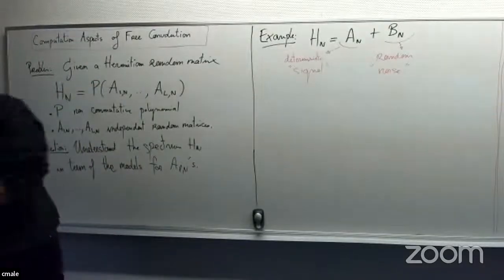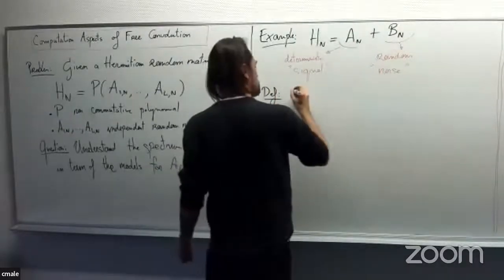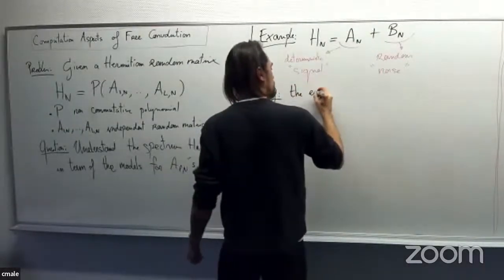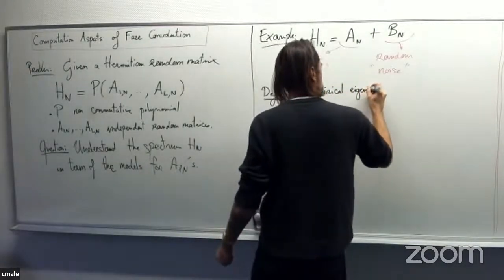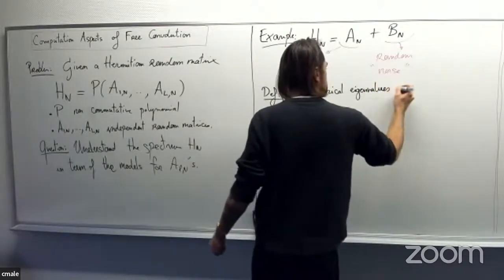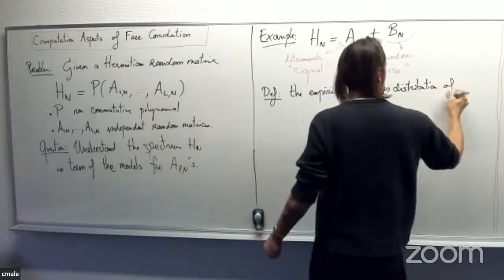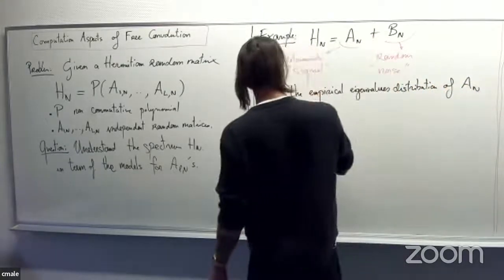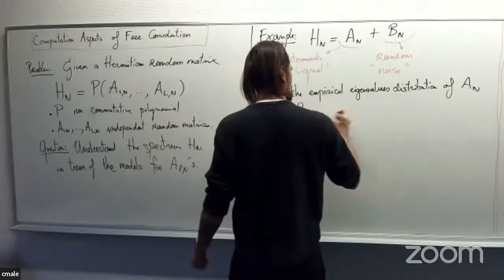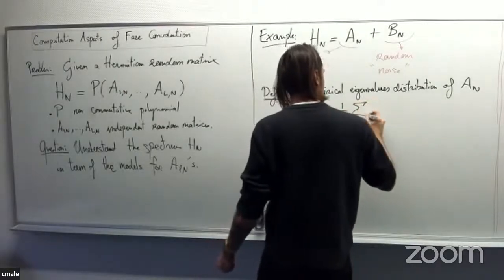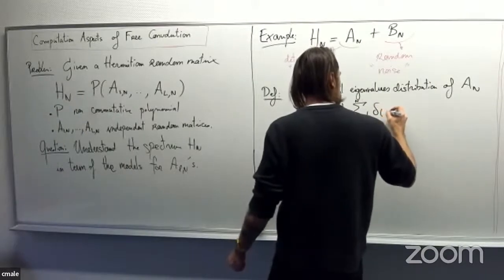Okay, so let me just give a definition. We call empirical eigenvalues distribution of the matrix AN the probability measure that I call L index AN, which is 1 over n, the sum of the Dirac mass in the eigenvalue.